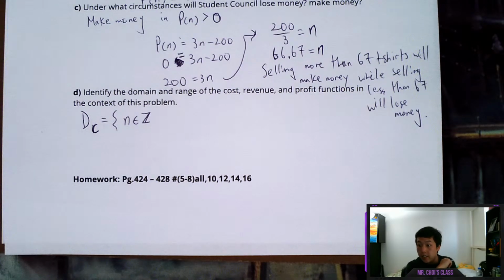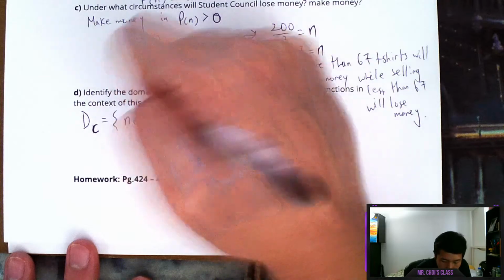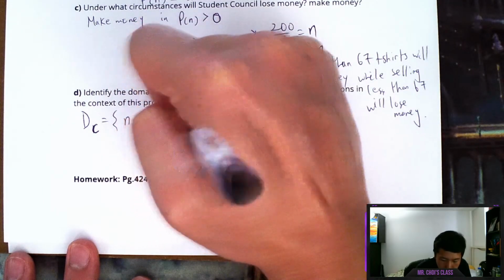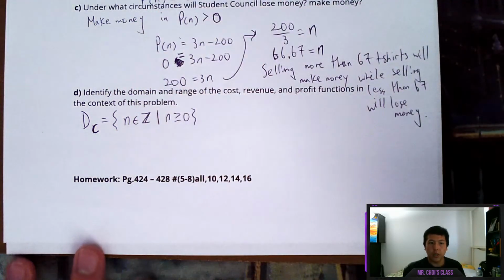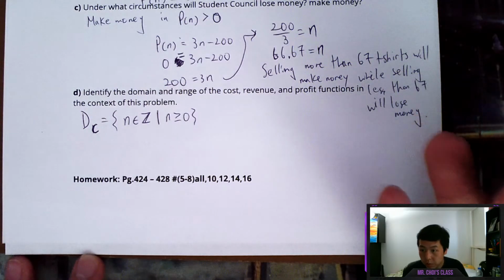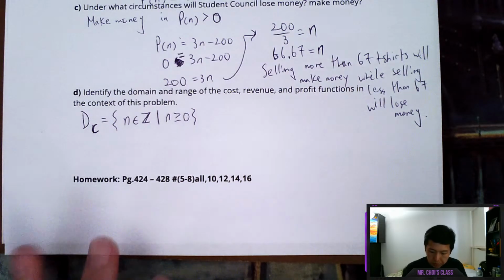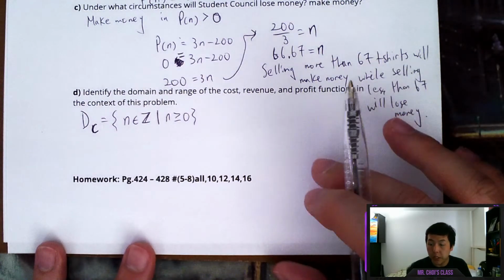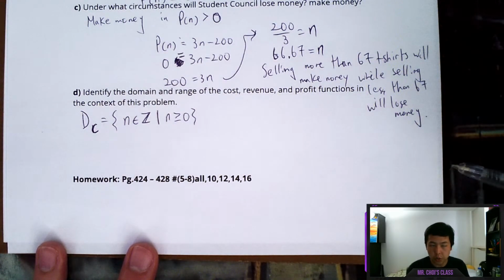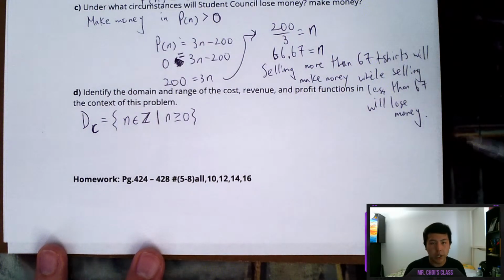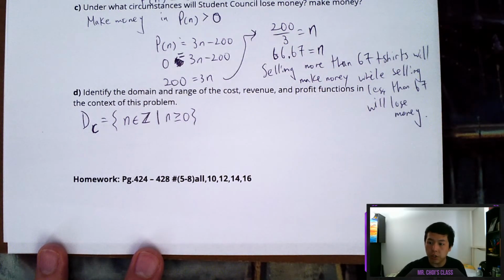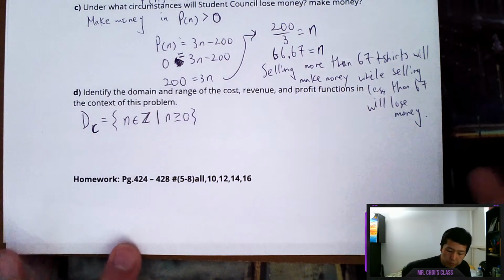So N is the set of integer numbers such that N is greater than or equal to 0. So we can't have less than 0, but we can have no t-shirts. That is something that exists. And N can only be possible in the integer numbers. We can't have 1.1 t-shirts. We can't have 1.3 t-shirts, right? We can only have whole number t-shirts. So that would be the integer numbers.